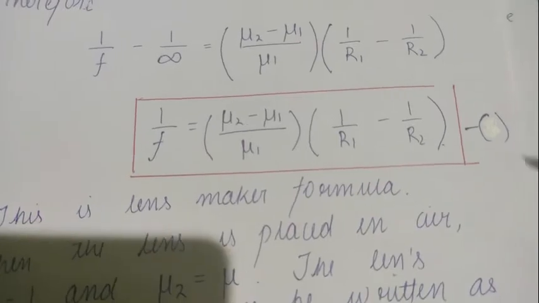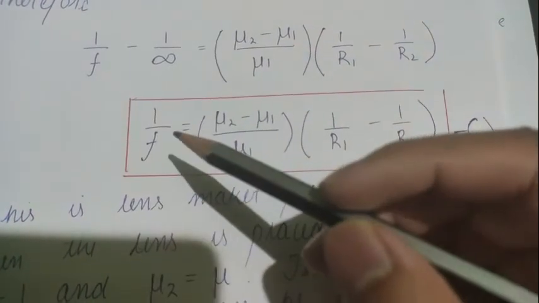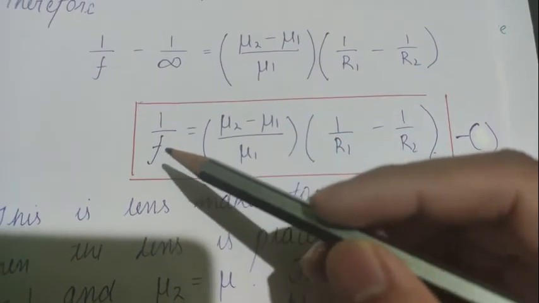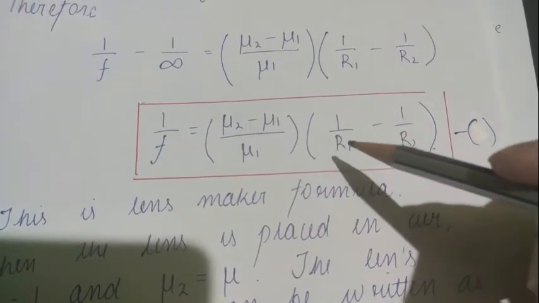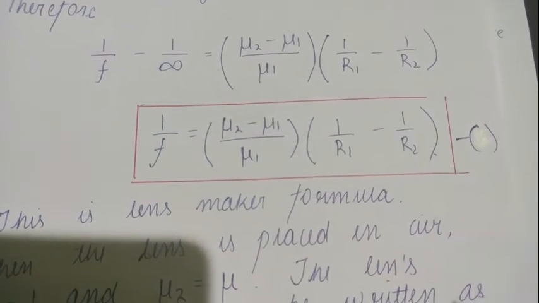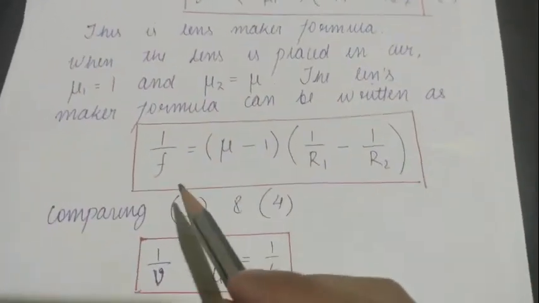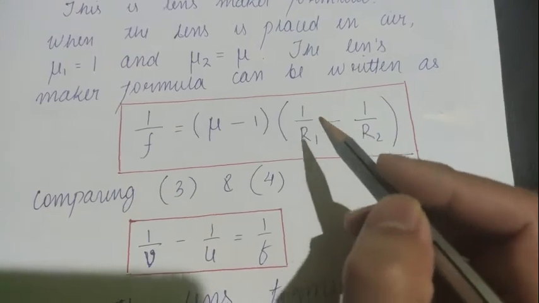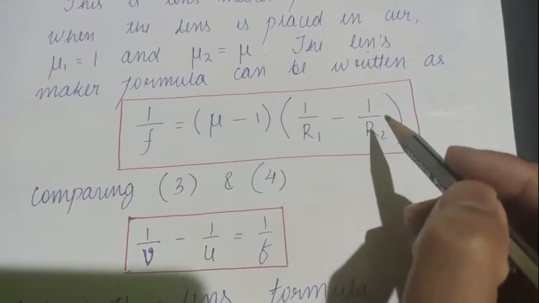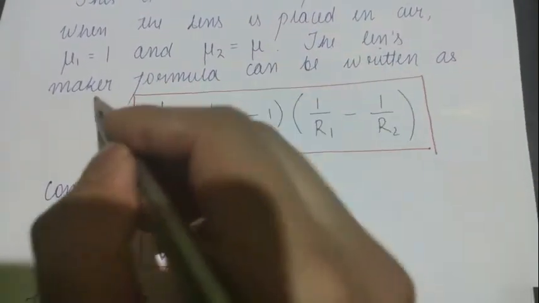Now we know from your lens maker formula, 1 by f equals (mu2 minus mu1) by mu1, times (1 by r1 minus 1 by r2). Or we can also write 1 by f equals (mu minus 1) times (1 by r1 minus 1 by r2). This is my lens maker formula.